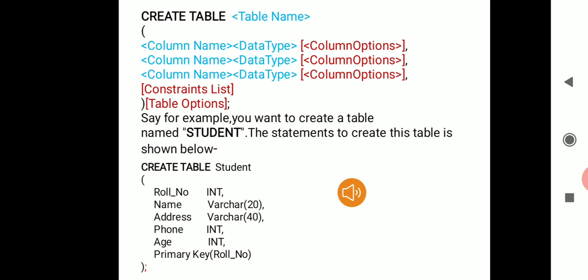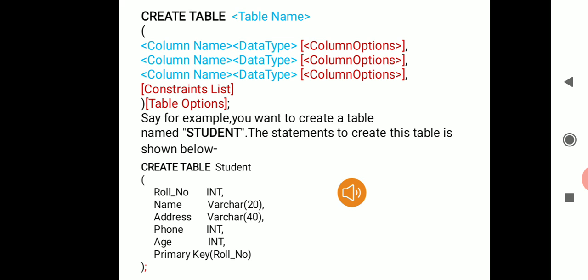Again in the next line, see the text age space int. The text age is for the column name and the text int is for the data type in the syntax above. Again come to the next line, see the text primary key and then within bracket roll.